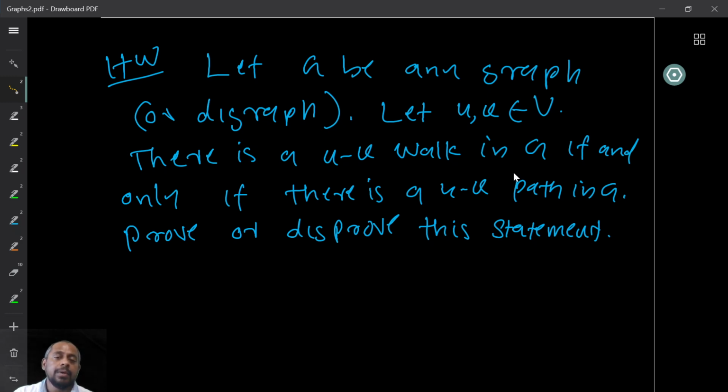Then there is a UV walk in G if and only if there is a UV path in G. Okay? Similarly, if there is a UV directed walk in G, then you can find a UV directed path, and if there is a UV directed path, of course there is a UV directed walk. Right? So prove or disprove this statement. If one direction is immediately clear, the other direction also, if you can prove, then you can prove it, or you can try to disprove it.